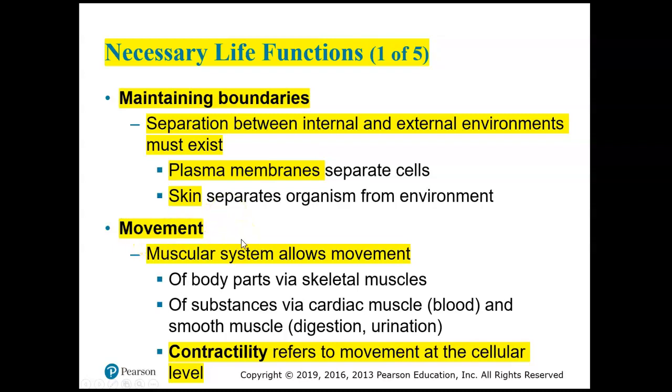Movement can be movement of our body from one location to another, like by walking or running or swimming. But it can also be internal movement. So the muscular system allows movement. And the word contractility refers to movement at the cellular level, because some cells are able to contract, and muscle cells, of course, are able to contract.